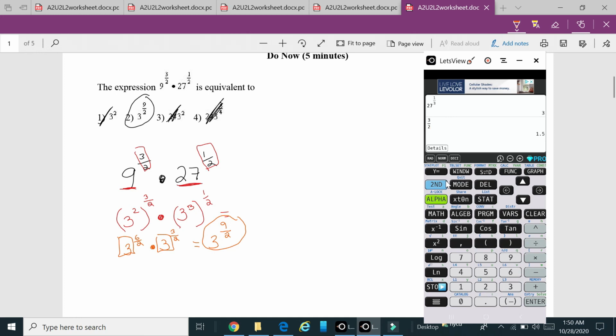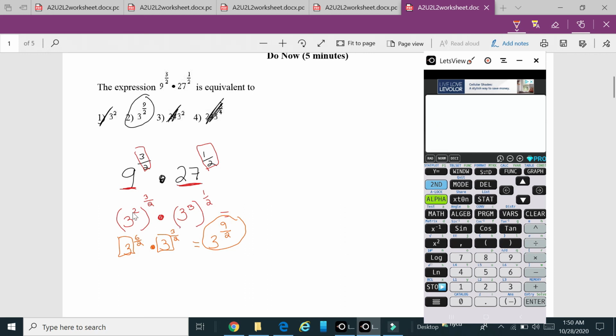Make sure you scroll over when you're next to the fraction. And then you're going to add the 3 over 2, which is right here. Actually, I messed up. It's 6 over 2 plus 3 over 2.